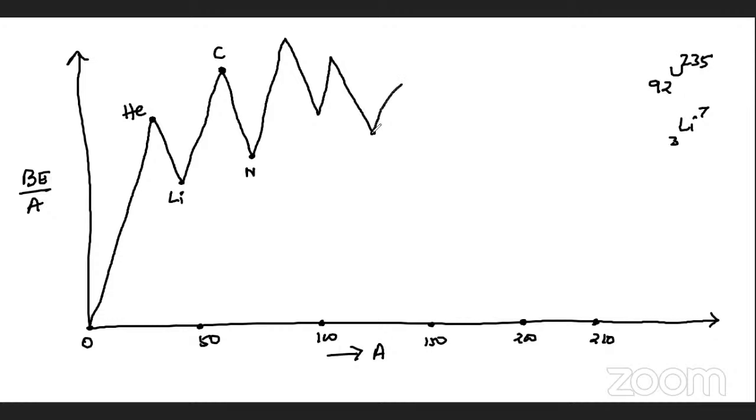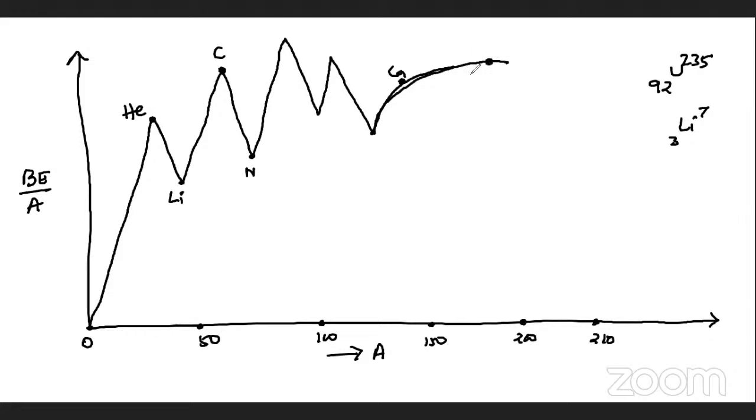What will happen from calcium onwards? Here it is calcium. From calcium onwards, binding energy per nucleon increases and it reaches a maximum value.